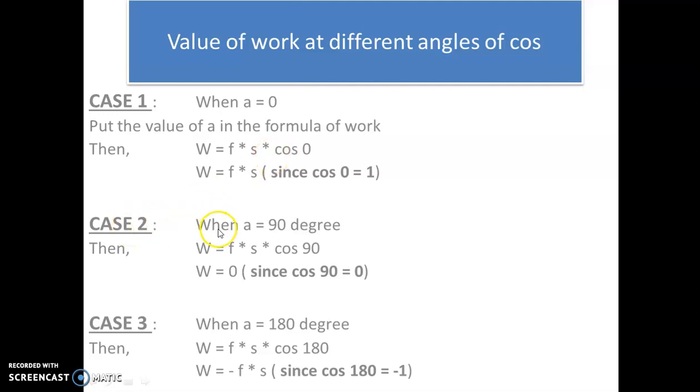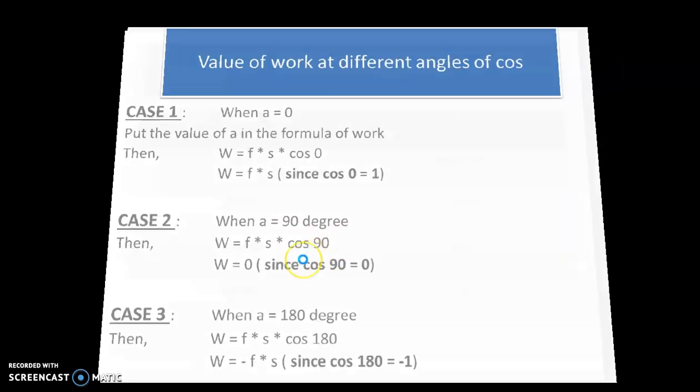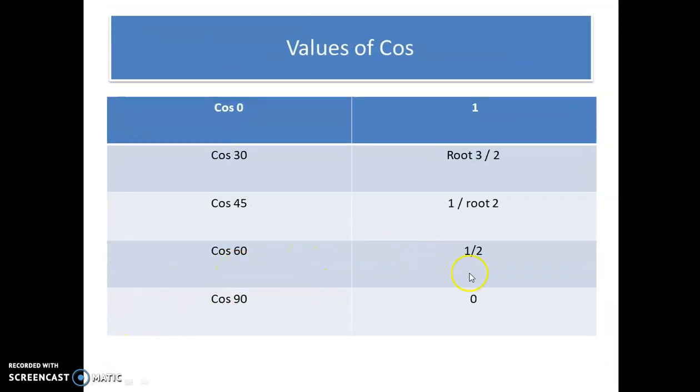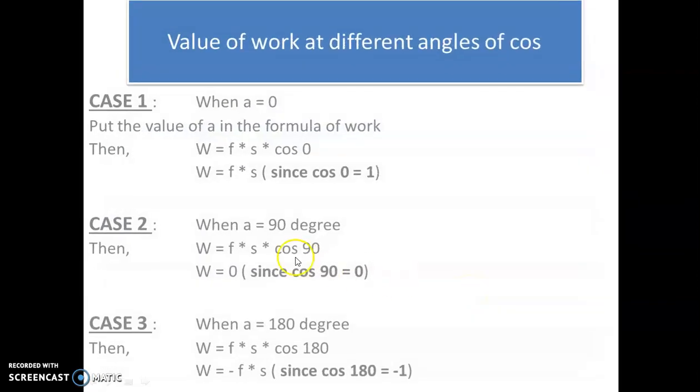Similarly, in case 2, if A is 90 degrees, we know from the previous chart that cos 90 is 0. That means if we put 0 here, the work will be 0. I already gave you an example about the coolie standing. Similarly, when A is 180 degrees, that is, F into S into cos 180, the value of cos 180 is minus 1.